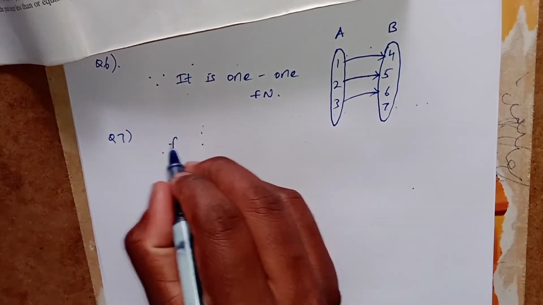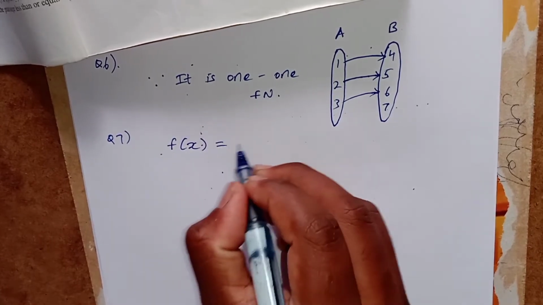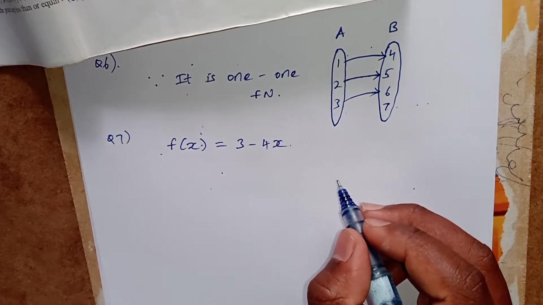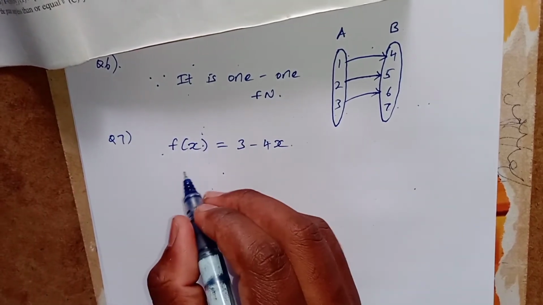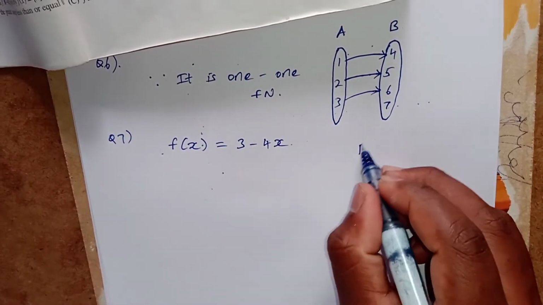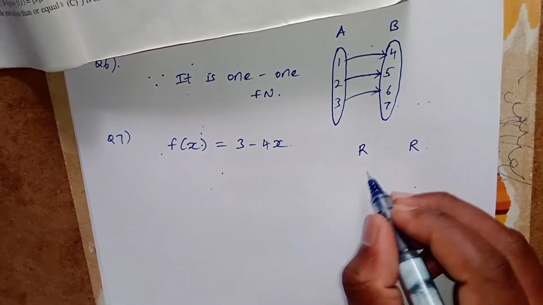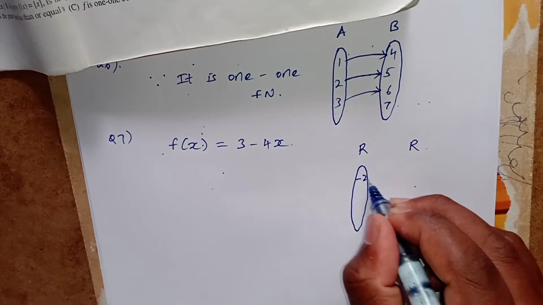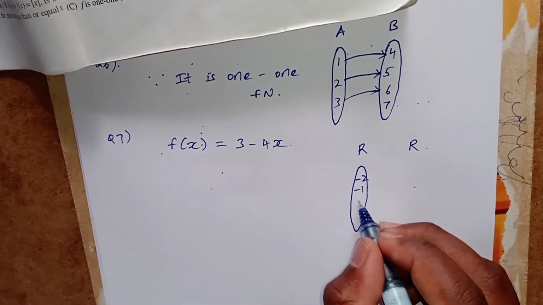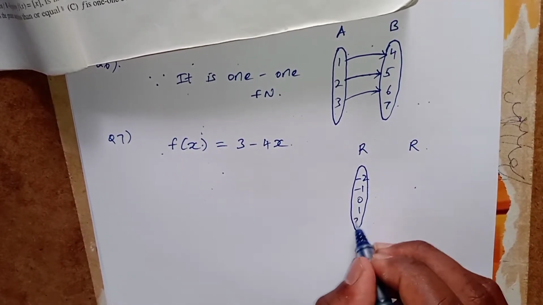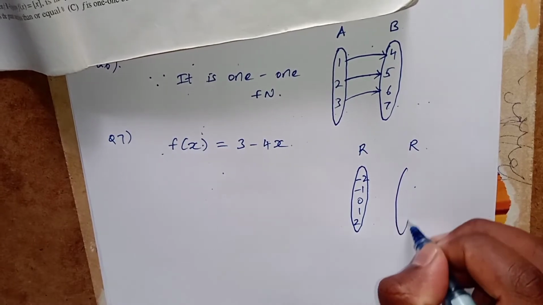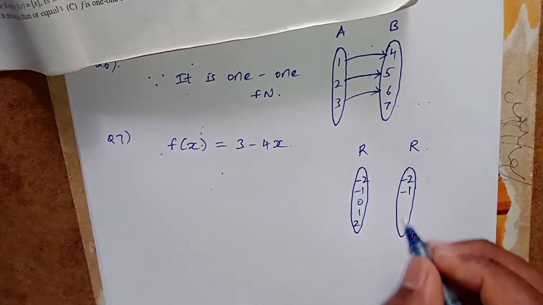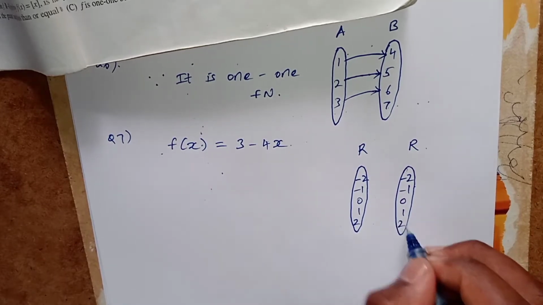Given f of x equal to 3 minus 4x. Real numbers to real numbers means -2, -1, 0, 1, 2, same here, -2, -1, 0, 1, 2.